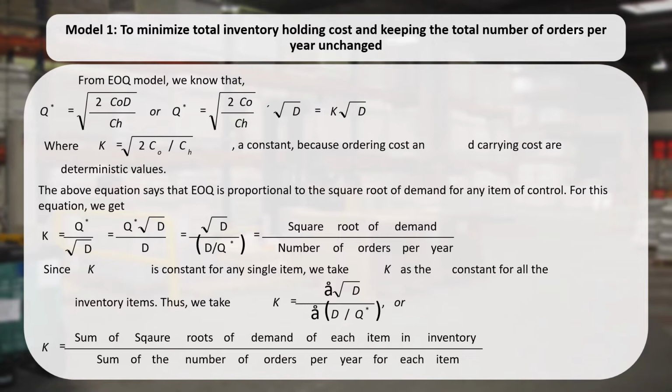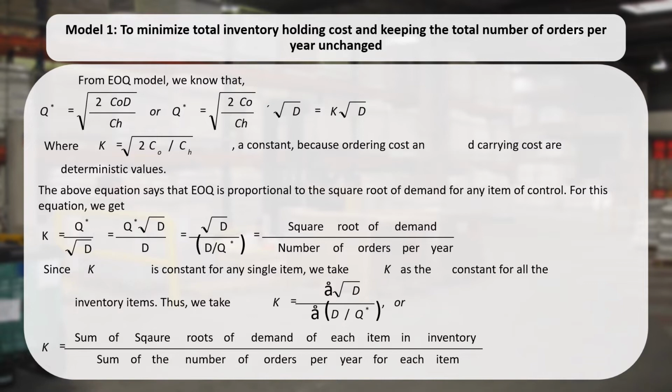In the economic order quantity model, you have already learned how to calculate the economic order quantity. Q star, representing the optimal order quantity or economic order quantity, is the square root of 2 multiplied by ordering cost multiplied by annual demand, divided by holding cost.